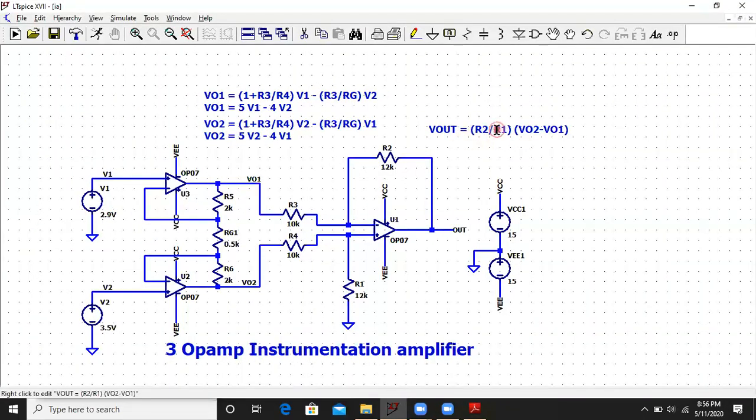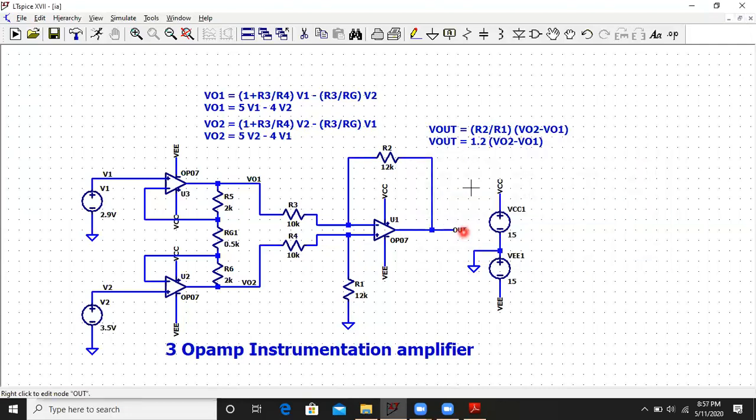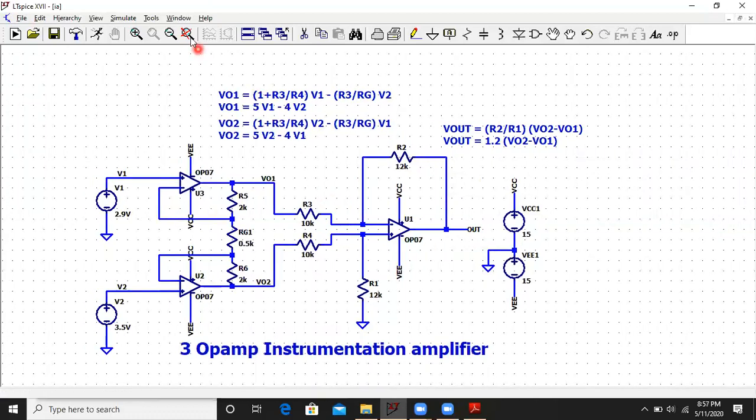Let us write that. So we'll go over here, we write V out is equal to R2 upon R1, 12 upon 10K, so that will be 1.2. So this will be 1.2 times VO2 minus VO1. So that information also we have added.